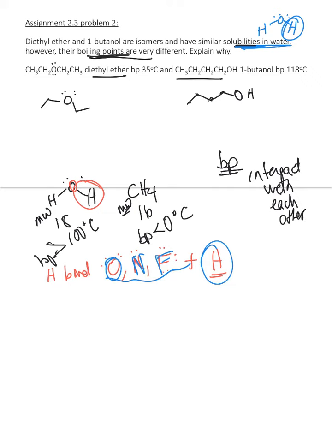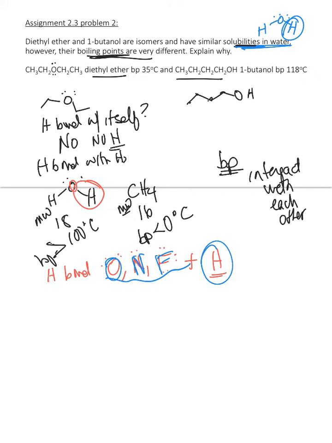And so the two things you're asking: can this hydrogen bond with itself? And the answer is no. Okay, there's no hydrogen to hydrogen bond. Can it hydrogen bond with water? And the answer is yes, because it has a lone pair right here.